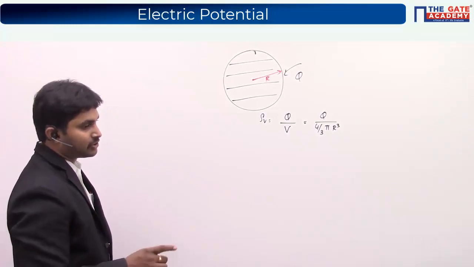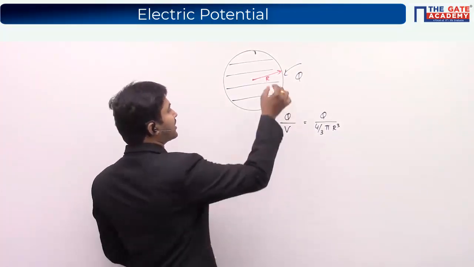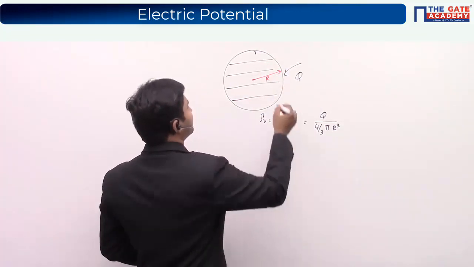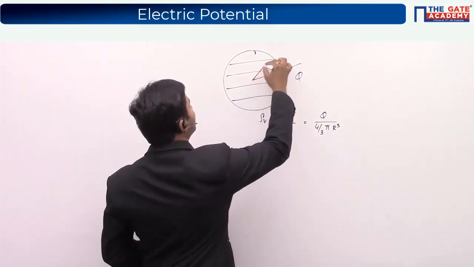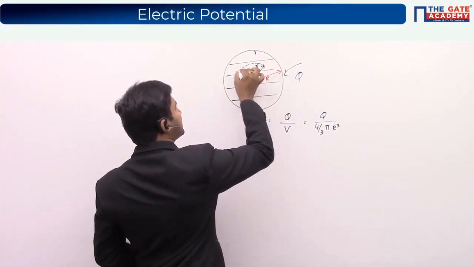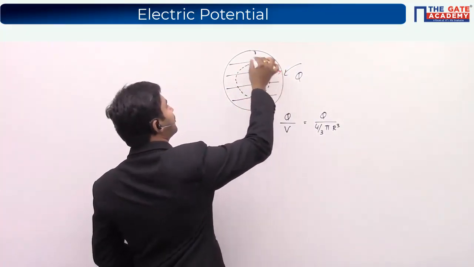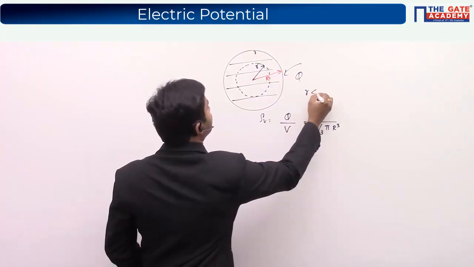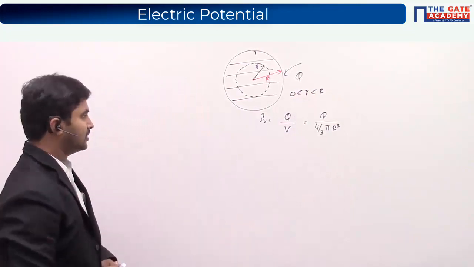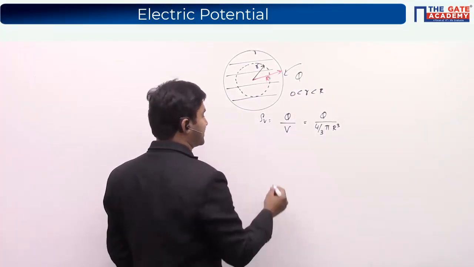Now we are concerned with finding the electric field at a distance of small r, where small r is less than capital R. We know how to solve the problem: we apply Gauss law.